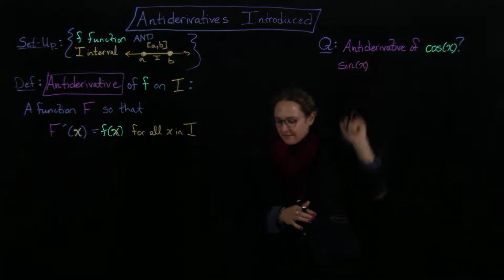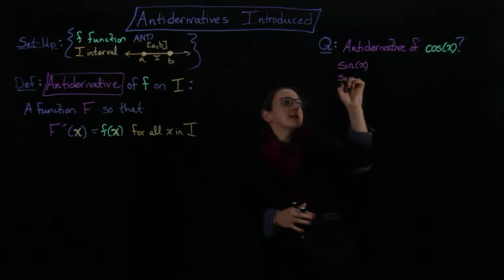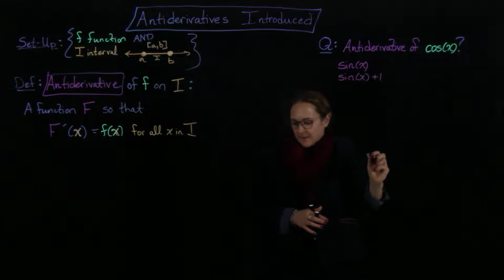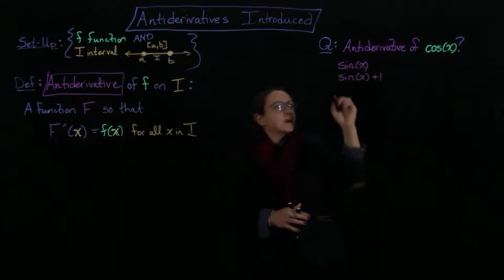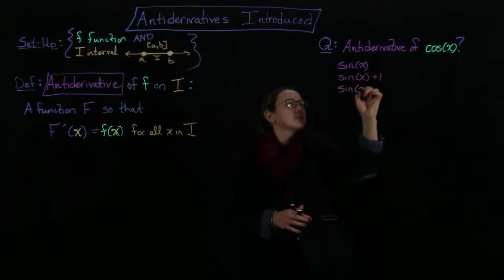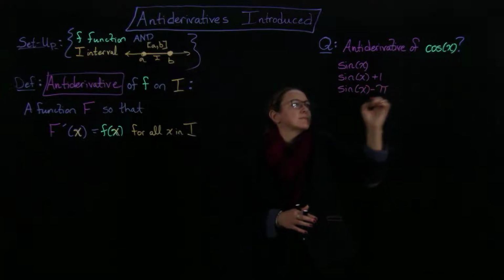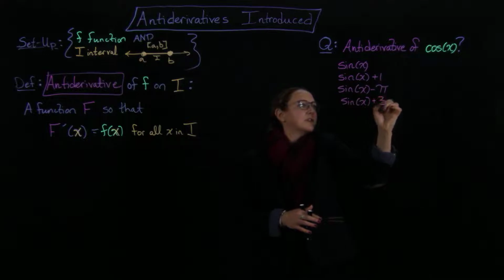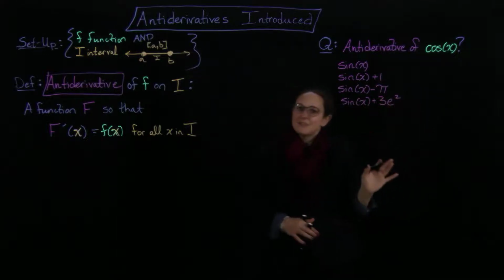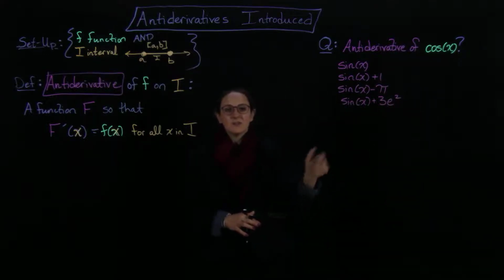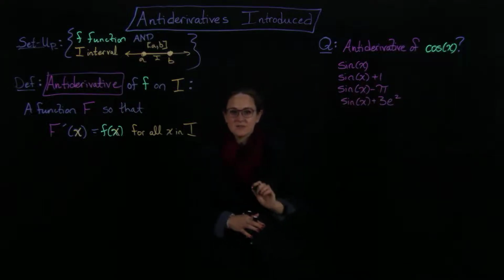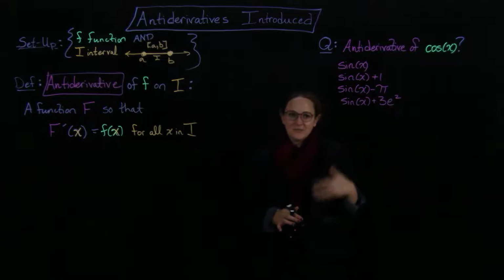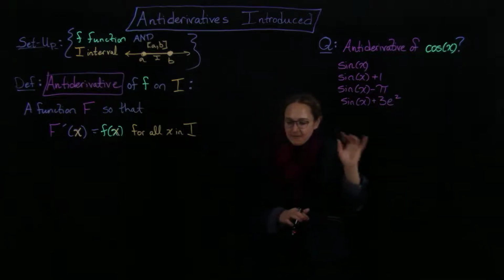But here's the fun part: I could also get sine of x plus 1, with the plus 1 on the outside. I could take sine of x minus pi, sine of x plus 3e squared. I could add any constant and if I took the derivative of that, I would get cosine of x. And this is why when I talk about an antiderivative, I'm talking about an antiderivative, not the antiderivative.